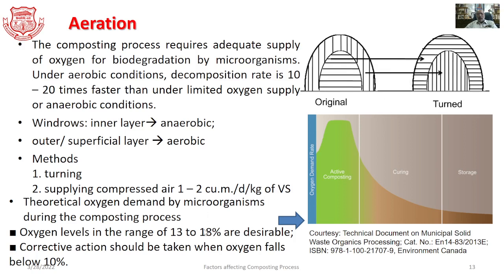If they are falling, there is a need to have certain correction done in order to maintain this oxygen level. So as you see, in the active composting stage, this oxygen demand is quite high as compared to that which would be required at the subsequent stages of curing as well as storage.